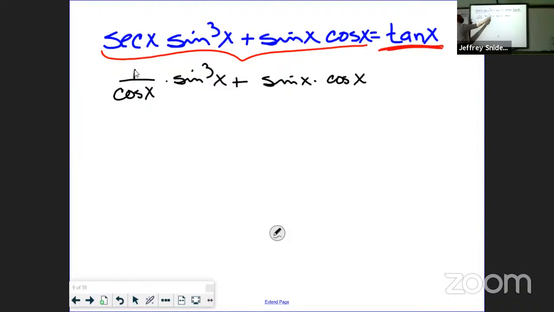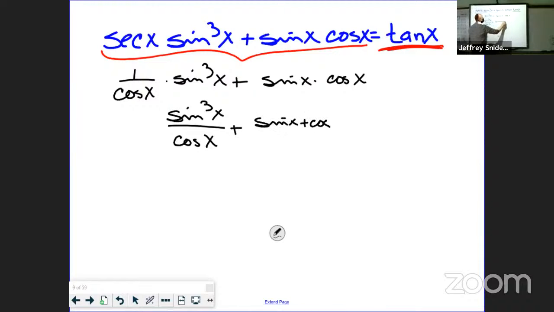Oh, but if I simplify this, this becomes sine cubed x over cosine x plus sine x cosine x over 1. That's what I would get, wouldn't I? And you don't cross reduce on addition, do you? You cross reduce if this is what? Multiplication.